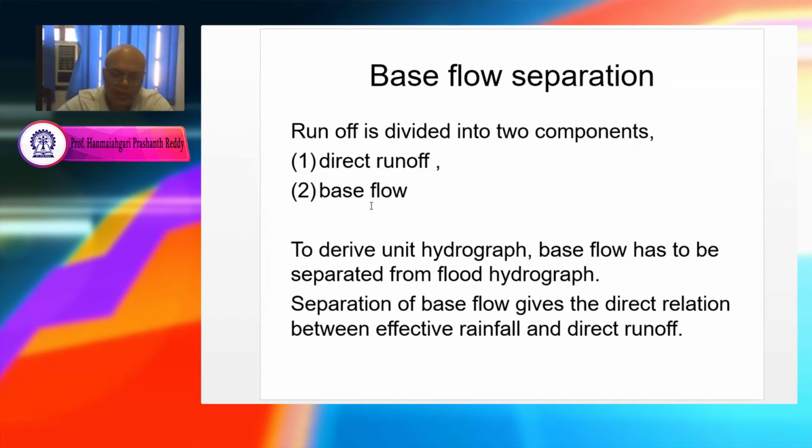For this case, a unit hydrograph is developed. Okay, so a unit hydrograph is a hydrograph which results from the direct runoff, and unit hydrograph equals flood hydrograph minus base flow. So to derive the unit hydrograph, we have to separate the base flow from the flood hydrograph.